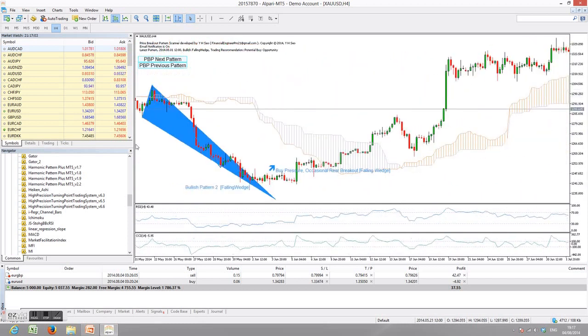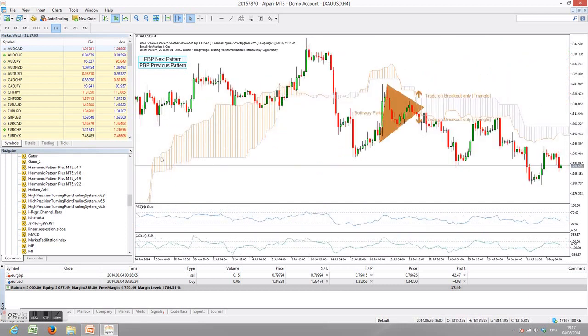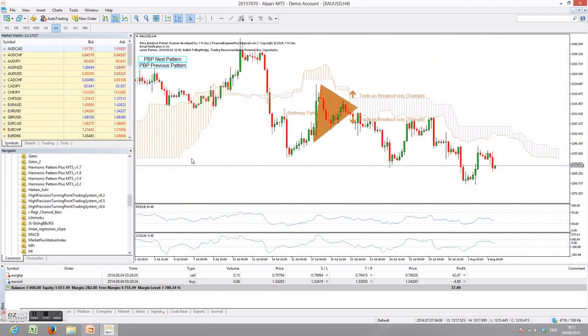So when I say count the success rate of each pattern, it actually means that when the price breaks outside these patterns, does it actually hit your take profit level, or does it hit your stop loss level?